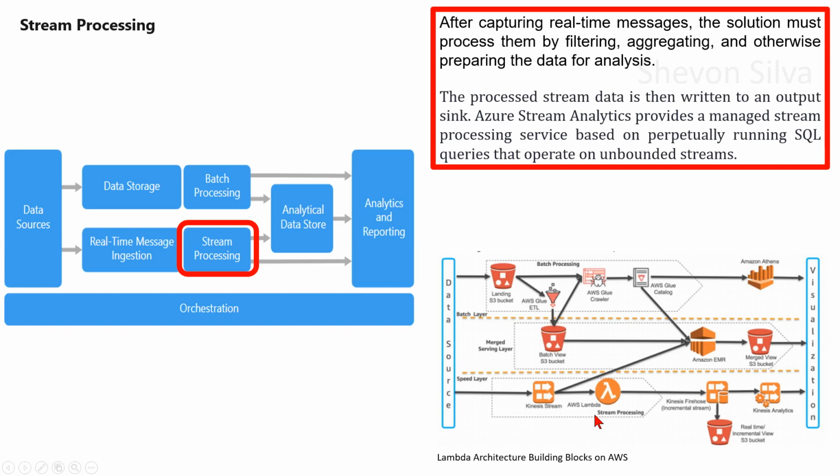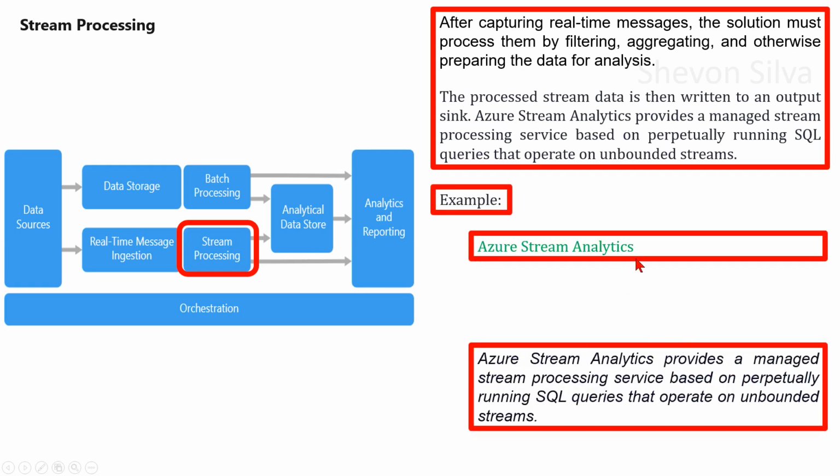Kinesis stream and AWS Lambda are under stream processing, and AWS Lambda is connected to Kinesis Firehose incremental stream. It is connected to real-time incremental view S3 bucket, and also Kinesis Firehose is connected to Kinesis Analytics, and Kinesis Analytics is connected to visualization. Kinesis stream is also connected to Amazon EMR, which is connected to merged view S3 bucket, and it is connected to visualization.